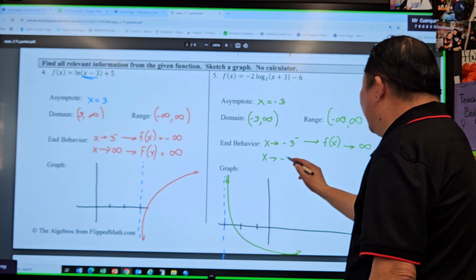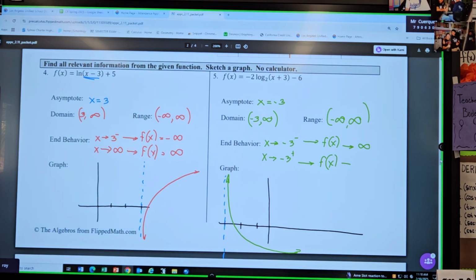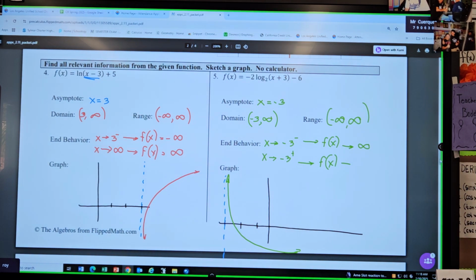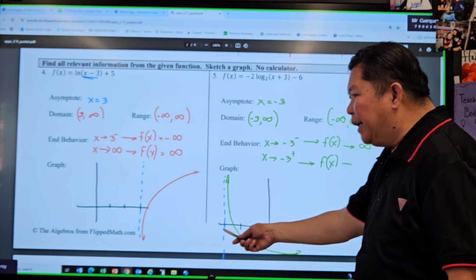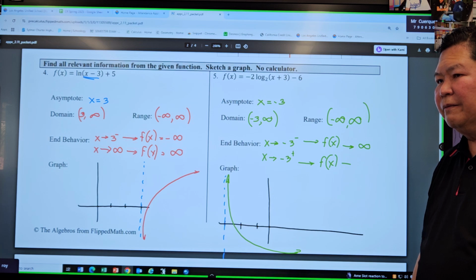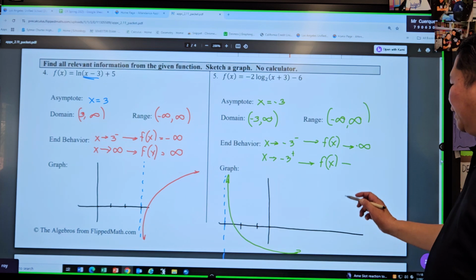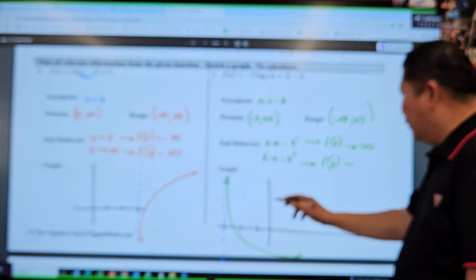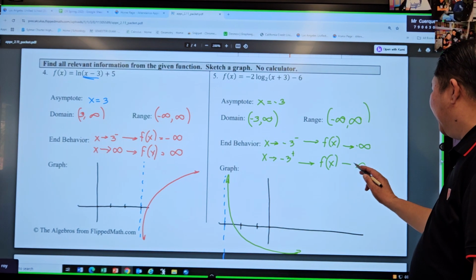As x approaches the right of negative 3, where do you think the function is going? I need you to react. On the left of negative 3, the function is at positive infinity. And on the right of negative 3, the function goes to negative infinity. Okay?